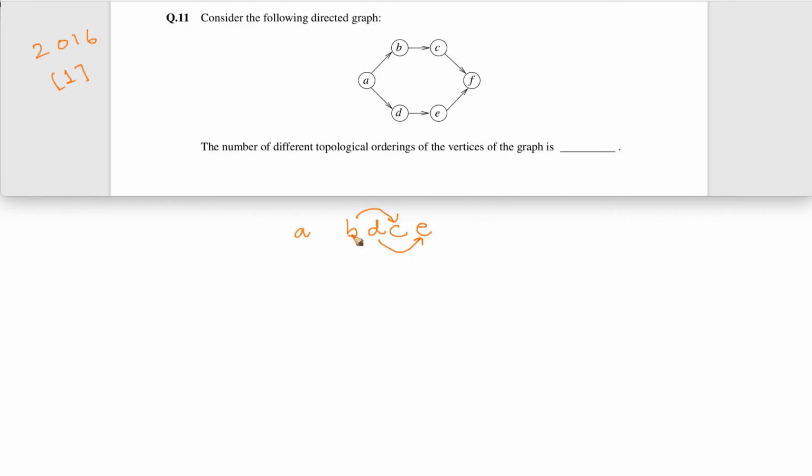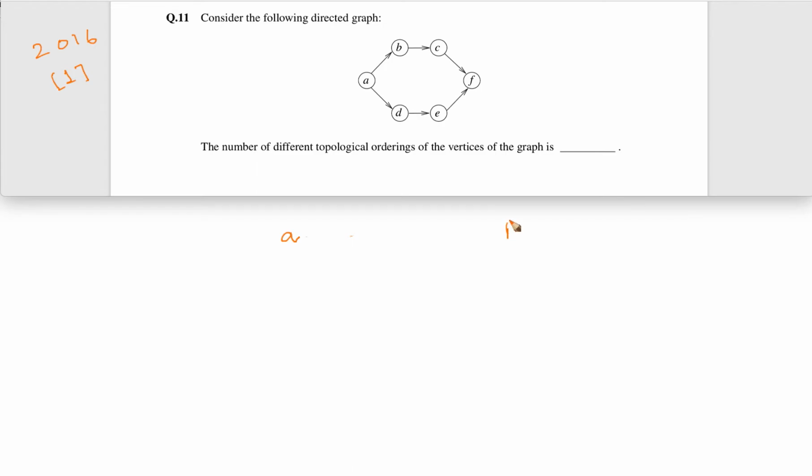So let's understand how many different topological orderings can be there for this graph. A must come before everyone else. Why? Because there is no other edge which points to A, which means that if A is the first one, then it is okay.